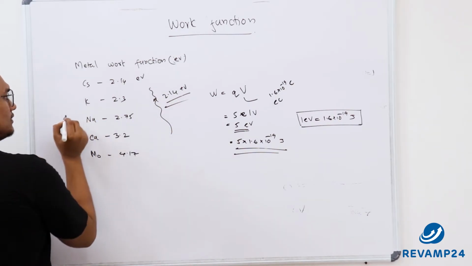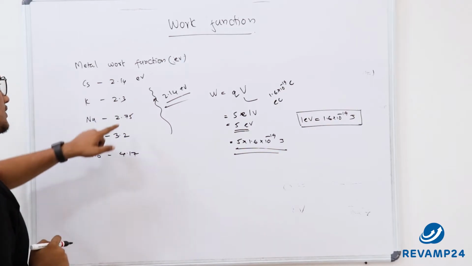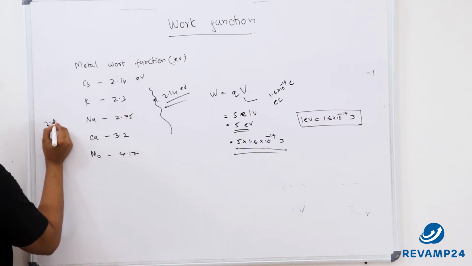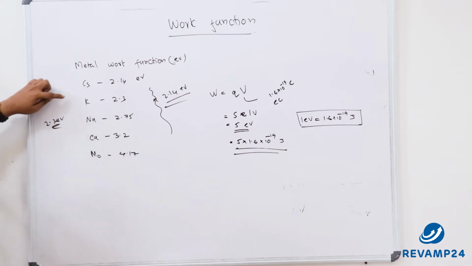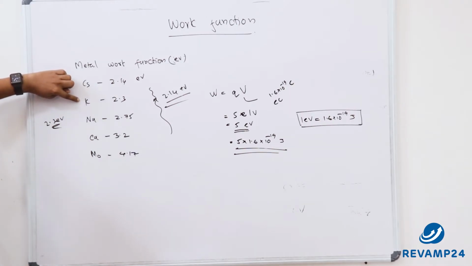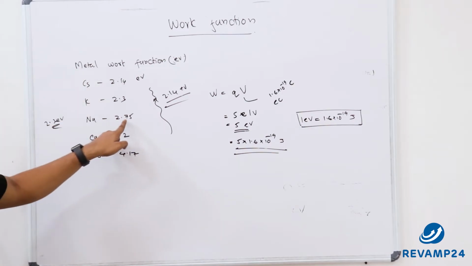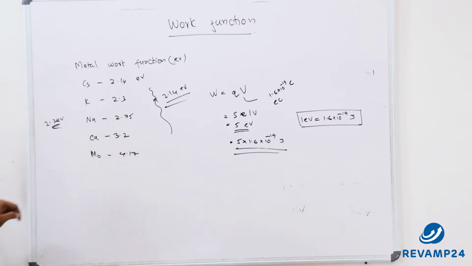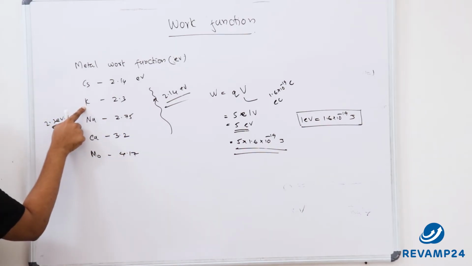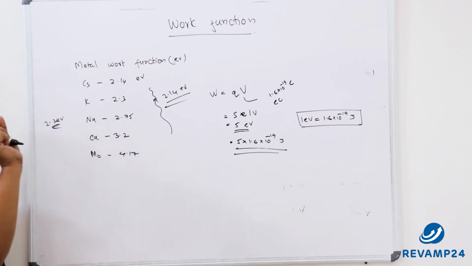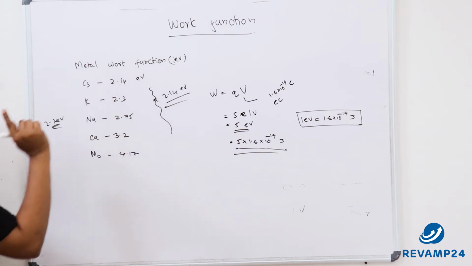Now if I am irradiating a surface with a radiation having 2.3 electron volt, then potassium will also emit electrons and cesium will also emit electrons, but sodium will not, because this is not sufficient to cover its work function. When this radiation is incident on potassium, the electron will have zero velocity because the whole energy is used.